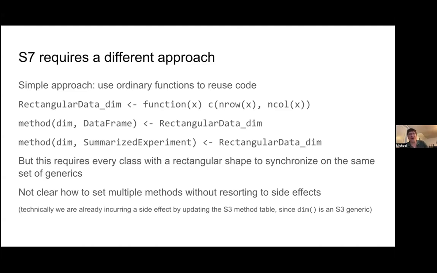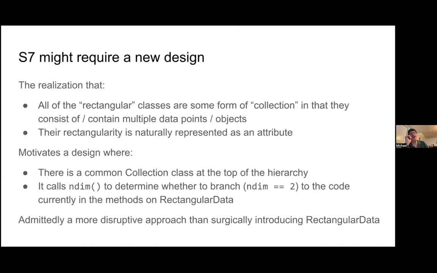But I think I could think of a new design, specialized to this particular rectangular data problem, where you say, okay, all the rectangular classes are some form of collection, they all hold multiple data points, and their rectangularity is naturally represented as an attribute of the object.